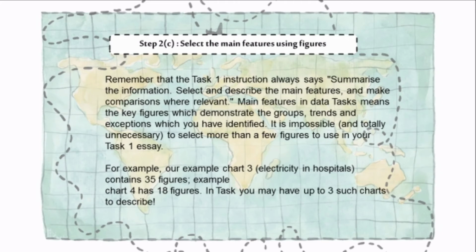It is impossible and totally unnecessary to select more than a few features to use in your task 1 essay. For example, our example chart 3, electricity in hospitals, contains 35 features. Example chart 4 has 18 features. In task, you may have up to 3 such charts to describe.